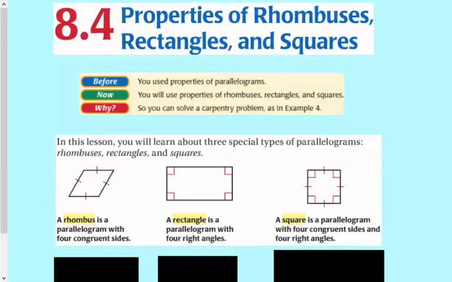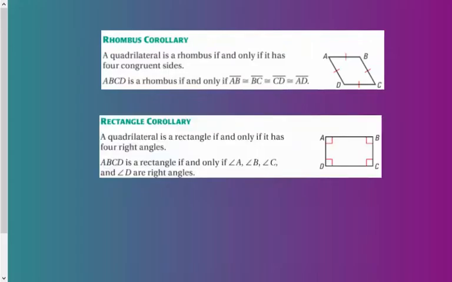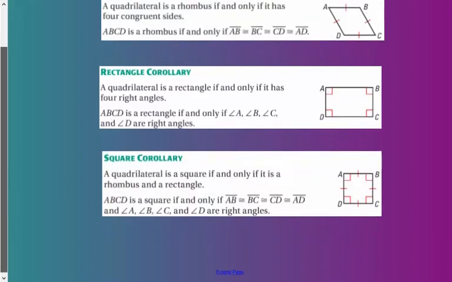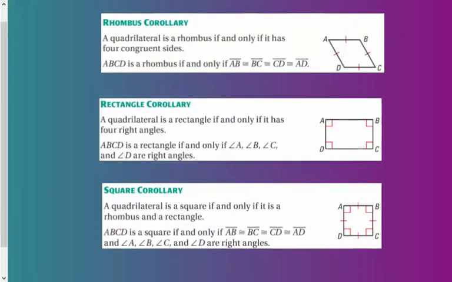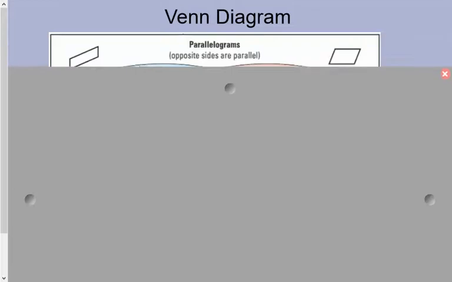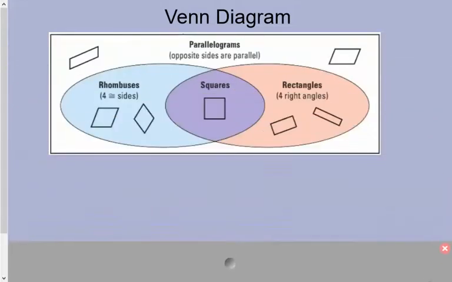So these are kind of the definitions here. You just need to know what the different shapes are, so you don't have to write all these down. You just need to know that a rhombus is a parallelogram with 4 congruent sides, similar for the rectangle and the square. Now, because they're parallelograms, they have all these properties that the parallelograms already have.